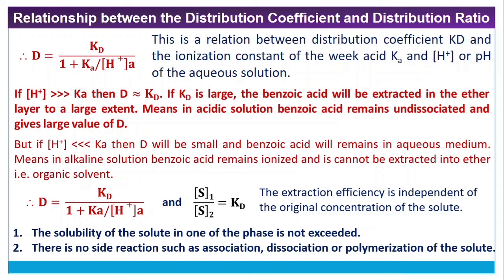So solubility should not be very high in one of the solvent phases, so that extraction will be easier, and the solute must be stable. It should not show any reactions like association, dissociation, polymerization, or reaction with impurities present in the solvent.